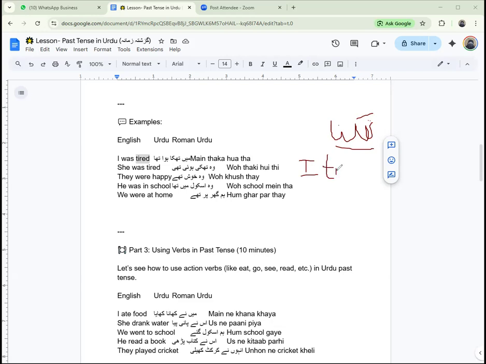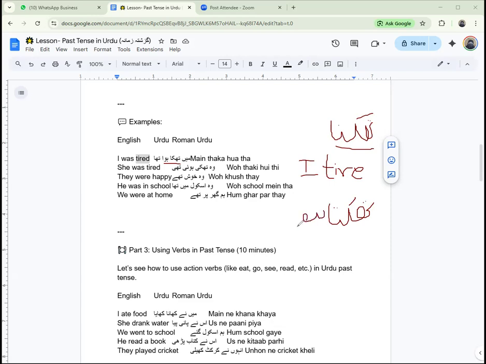Could you please repeat I am tired in Urdu again? मैं थका हुआ. No, in present tense: थकता, like present continuous. मैं थकता हूँ.